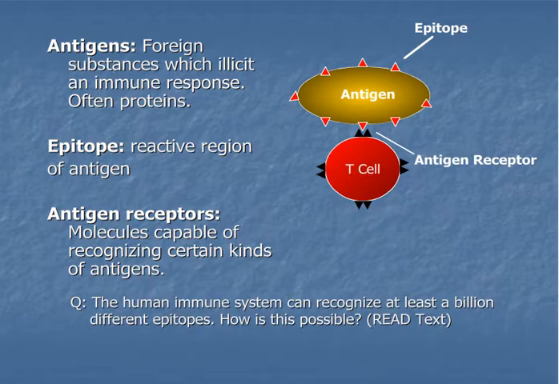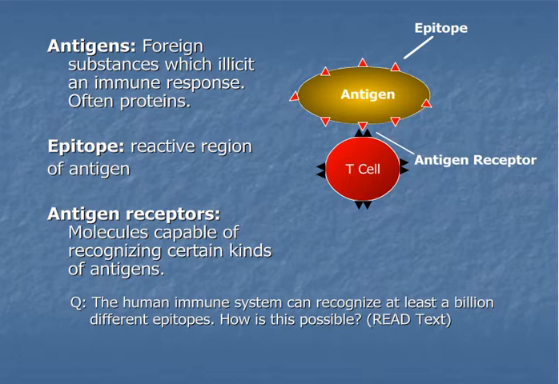The epitope and the antigen receptor bind together in a lock and key fit. And this is unique to this particular combination of antigen and antigen receptors. If you have, let's say, another type of antigen, it will not be able to bind to this particular type of antigen receptor. So the way that your body is able to detect organisms that don't belong is by being able to detect their antigens.